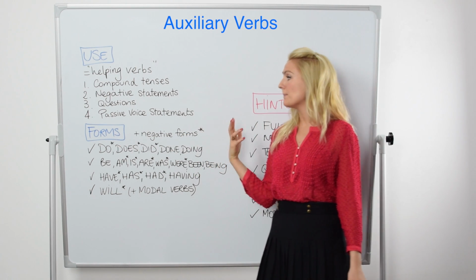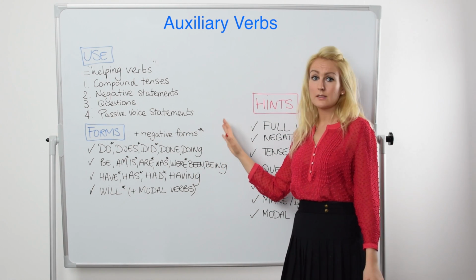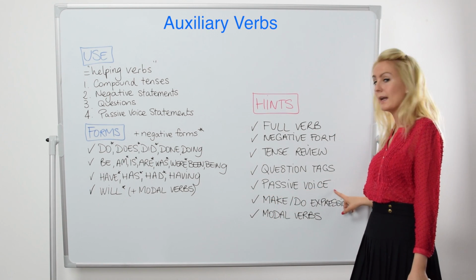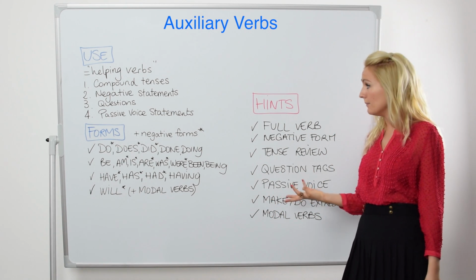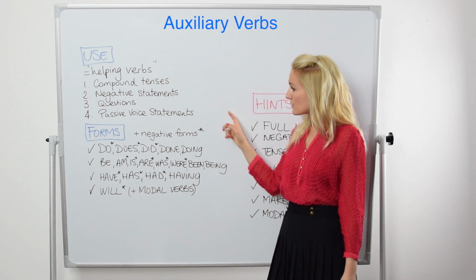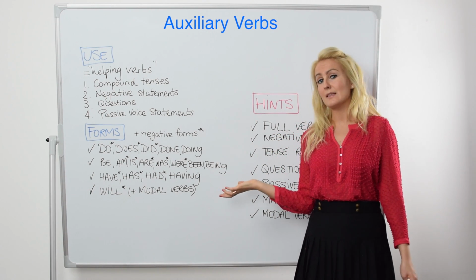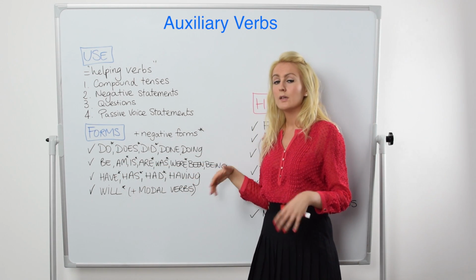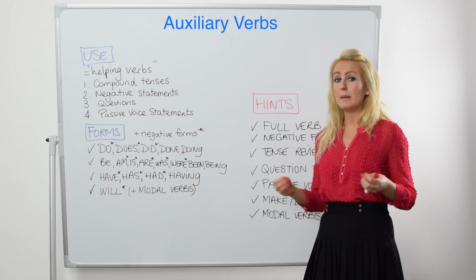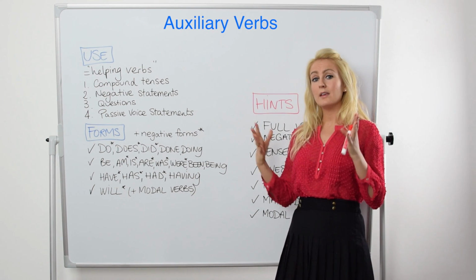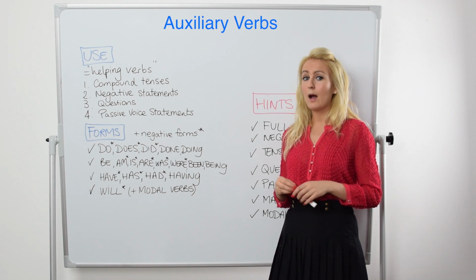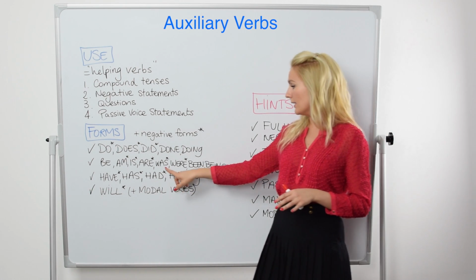The fourth one is the passive voice. Now, this is just an introduction to auxiliaries, so don't forget to watch the full explanation of the passive voice in another video. In the meantime, let's just remember that in order to create the passive voice, we need the auxiliary be. So for example, an example of the passive voice would be, this house was built in the 1950s. Now, was is my auxiliary.